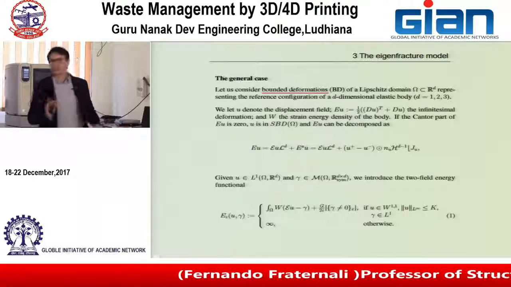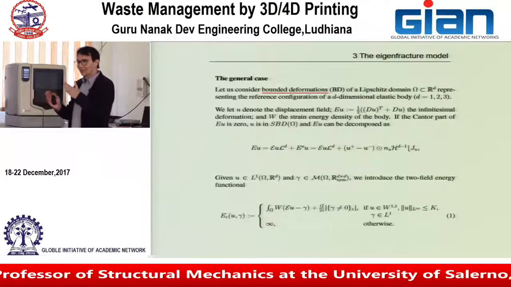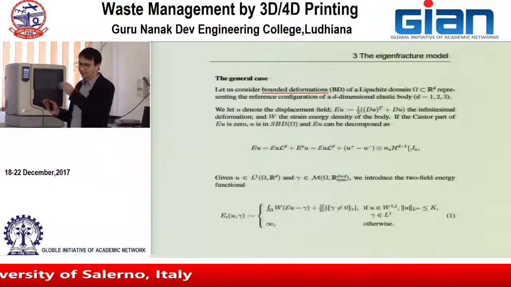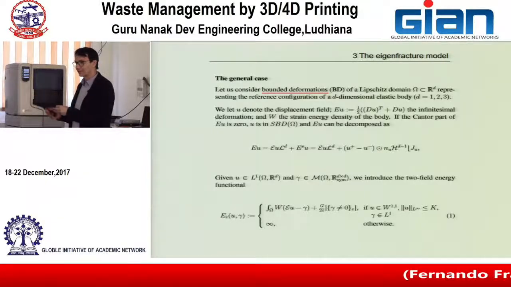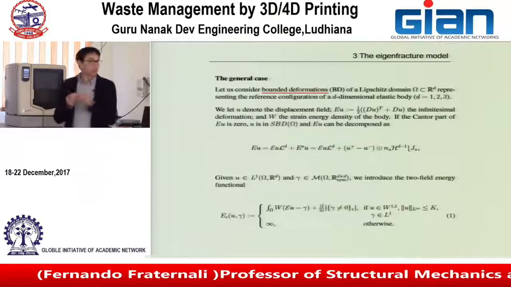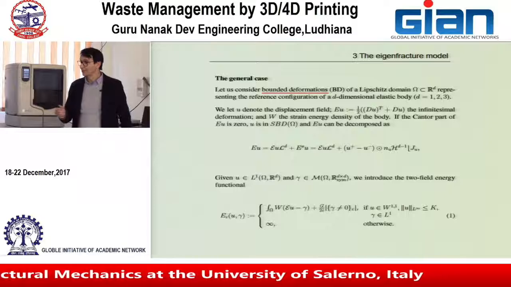Okay, but this is reasonable. So we take the energy as a function of two variables: the displacement field, which gives the strain, and the damage variable. We don't have K anymore as variable.